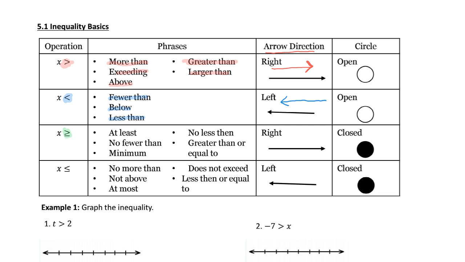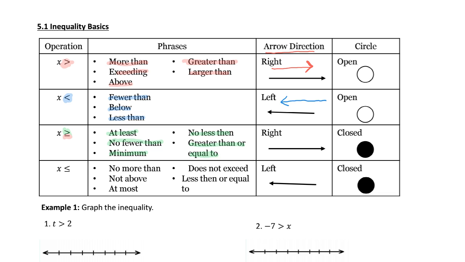This inequality symbol looks just like the greater than, but now it's got that line underneath, right? That important line means it's greater than or equal to. That or equal to part is important. Other ways you could say it is at least, no fewer than, at minimum, or no less than.